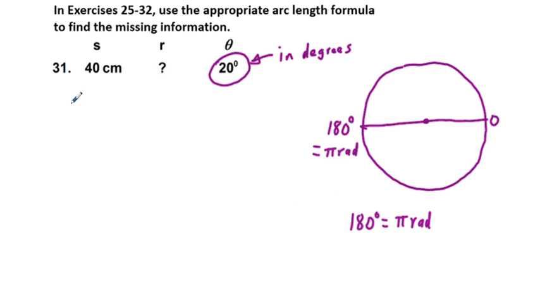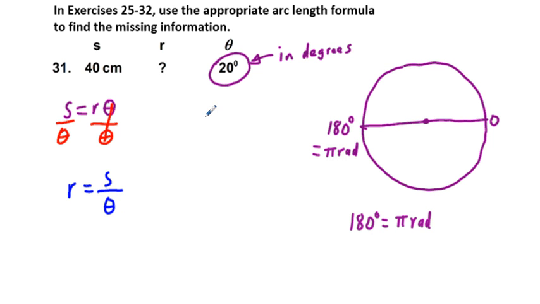We have S equals R theta, and we're going to need to divide by theta to solve for R. So dividing by theta, we have R is equal to S over theta.